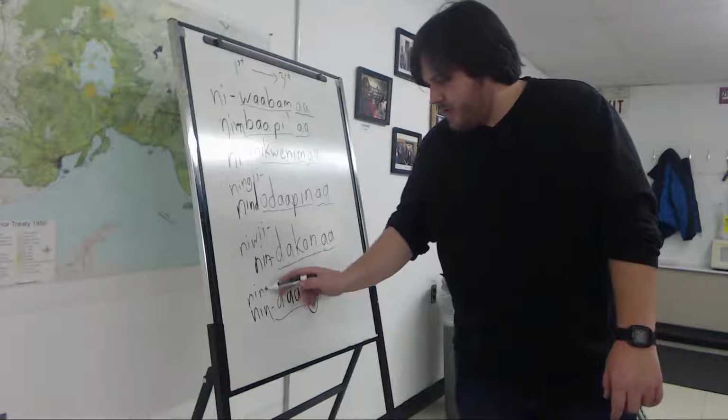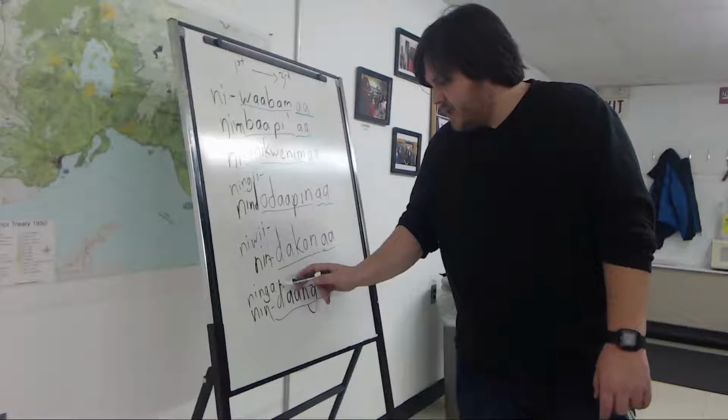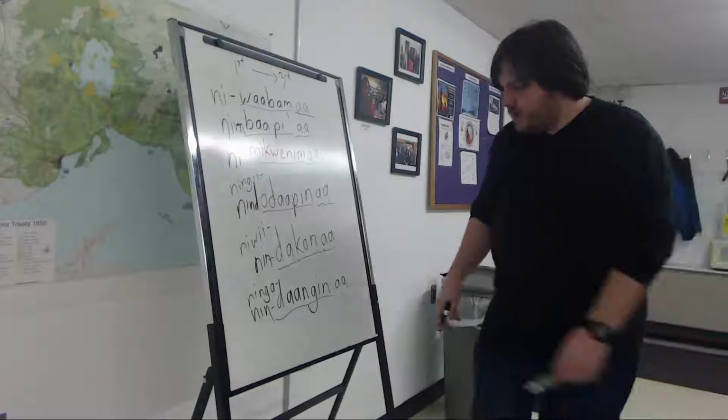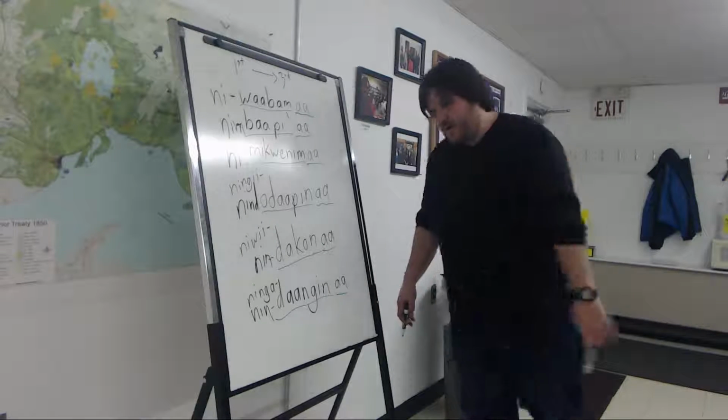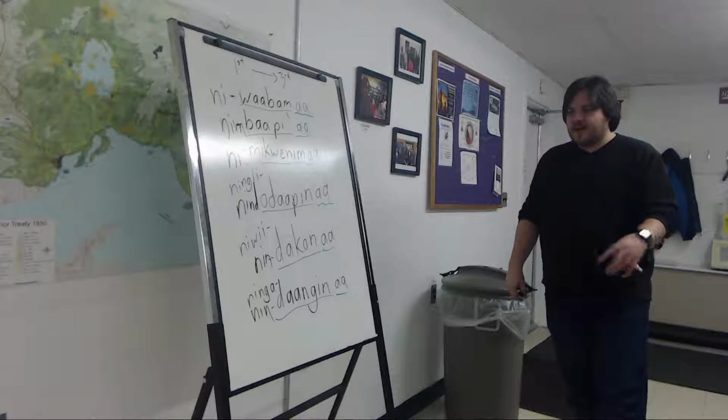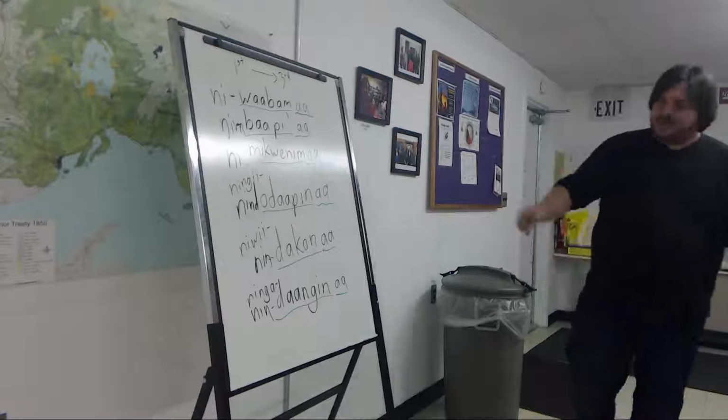Again, playing with the tenses, you could add an ga. Well, it's more like an assertive future, a definite future, and then gadangana. I will touch him or I will touch her.